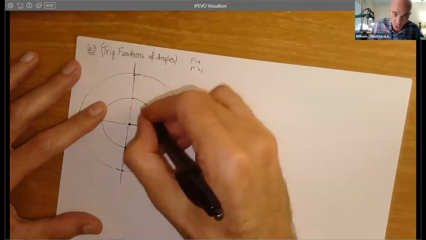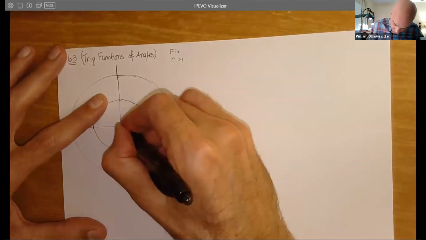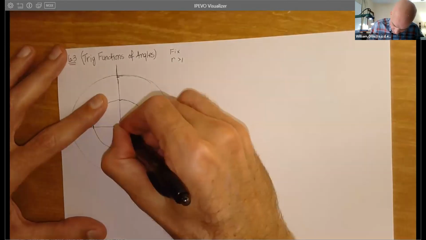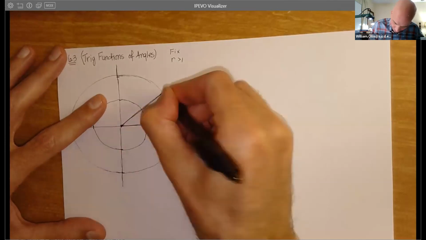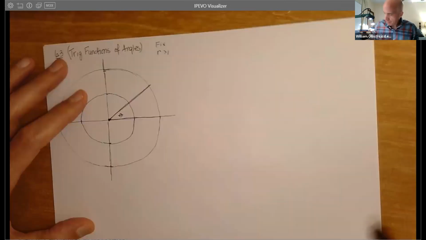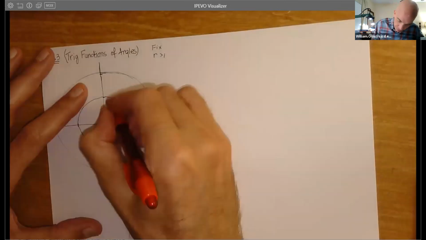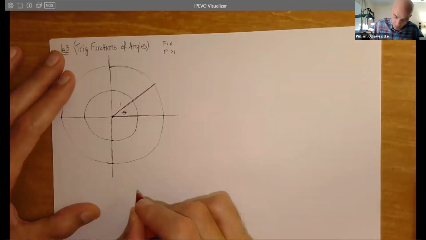So we're going to construct an abstract angle, call it theta. So this is going to be theta. And the first is going to be r = 1, the radius 1 for the unit circle.